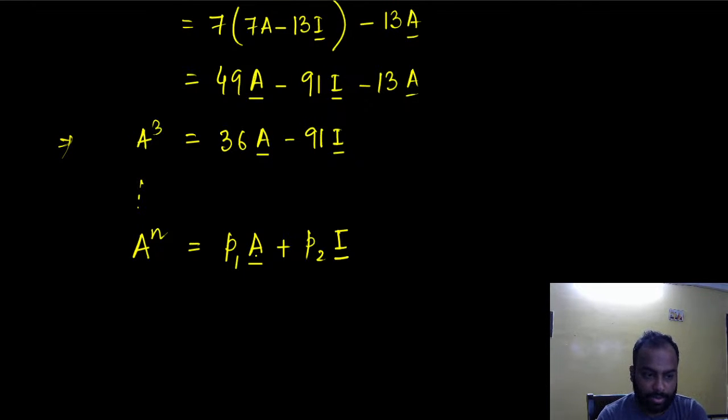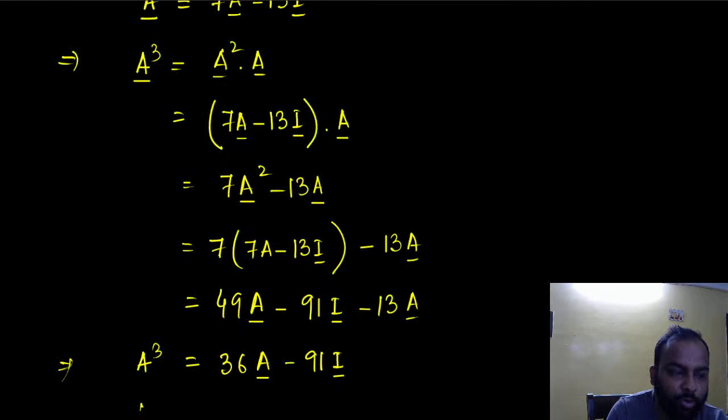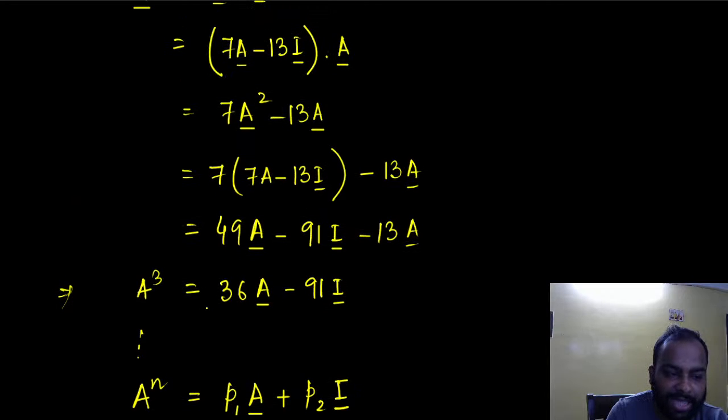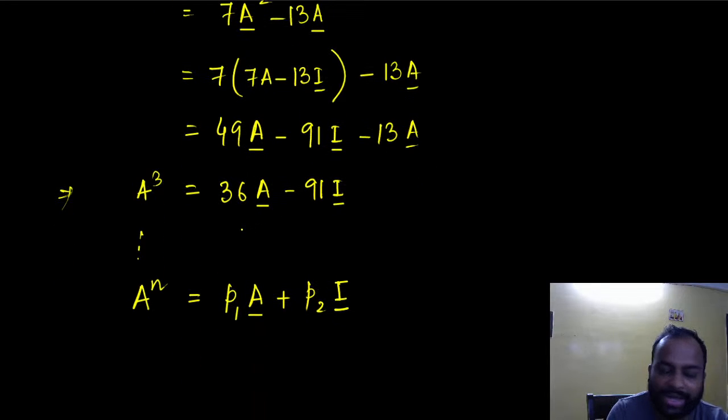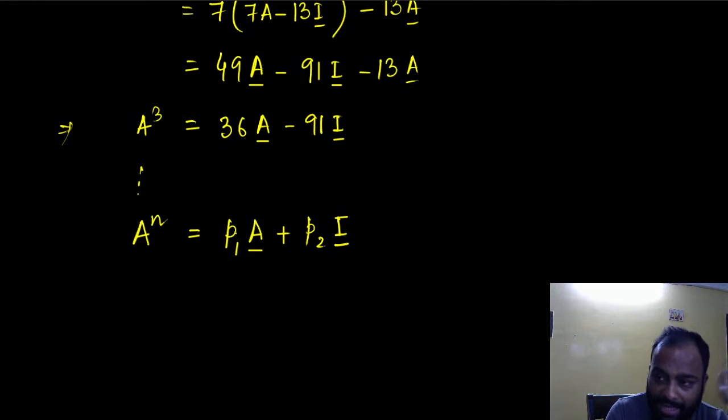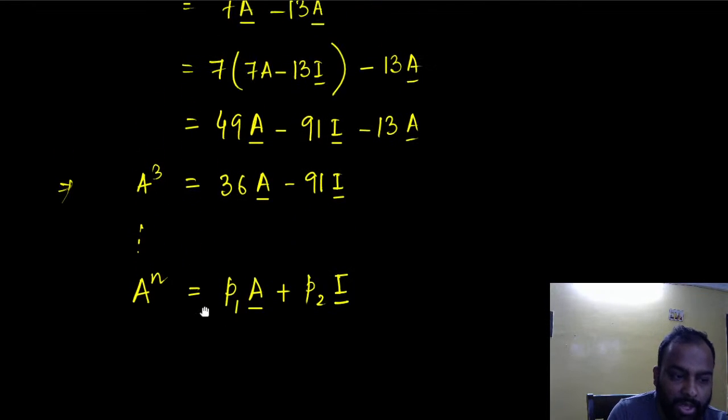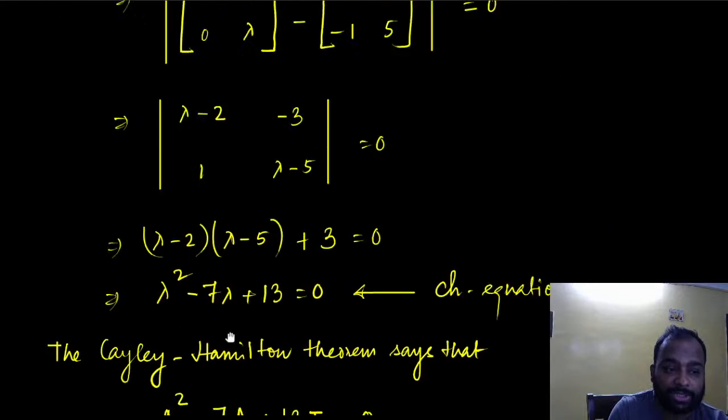Now the question is, how do I calculate p1 and p2? Do I have to do this manipulation every time? For example, if I ask you to calculate A to the power 50, do I have to do this manipulation every time? The answer is no, because the reverse of this is also true.